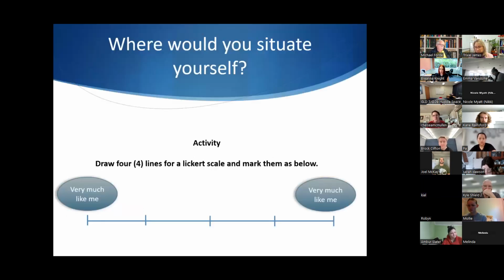Okay, so we are going to do the same thing as we did last time, just a little bit different. So again, I want you to note down in your own notes for your own understanding and to look back on later. I want you to draw me a little scale like this one here. But in this case, you're going to have very much like me, and then in between, one way or the other.